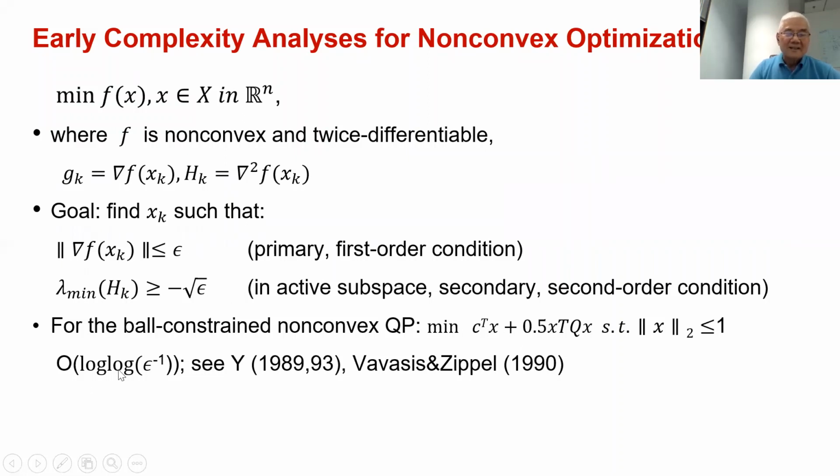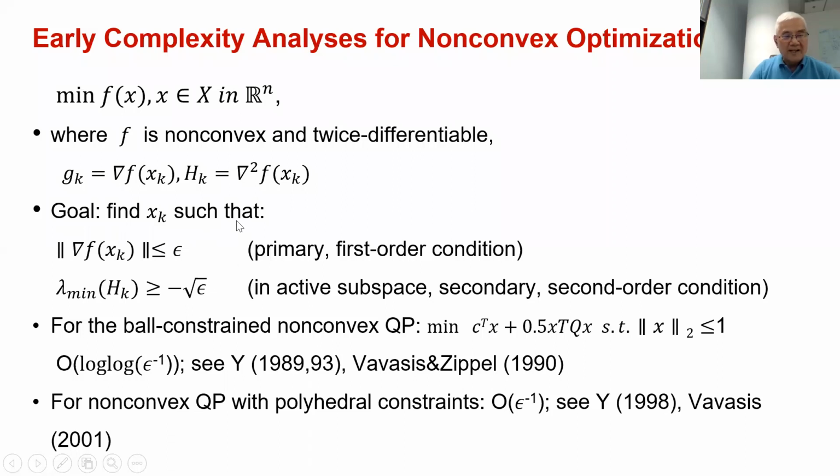However, in 89 even, we developed a method which takes log log 1 over epsilon. So the epsilon dependency is log log 1 over epsilon. Basically, it's always quadratic convergence. So this subproblem's complexity is fully studied, especially by Steve Vavasis and Ye in the 1990s.